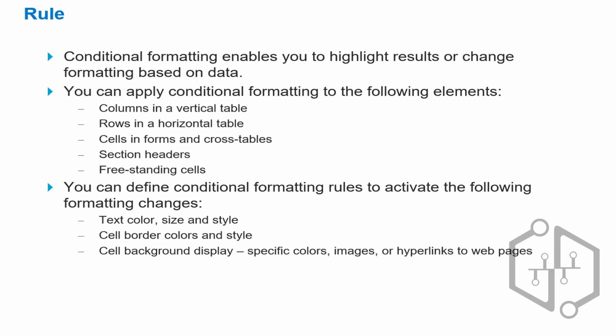Like we can say, if sales revenue is more than 1 lakh, show that in green color. If it is less than 20,000, show that in red color. We can create rules like that and apply them on the table or on the dimension and objects where we need conditional formatting.